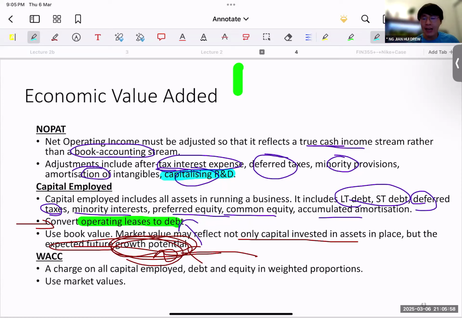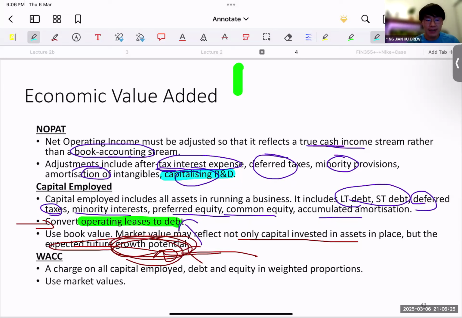If you look at academic journals, a lot of them will say you need to capitalize R&D, because it is a form of asset to you. It can be intellectual property, whatever. There's a lot of good reasoning in academic journals, and they are right. There are good justifications to capitalize R&D.